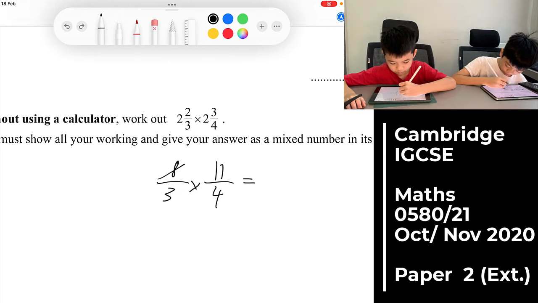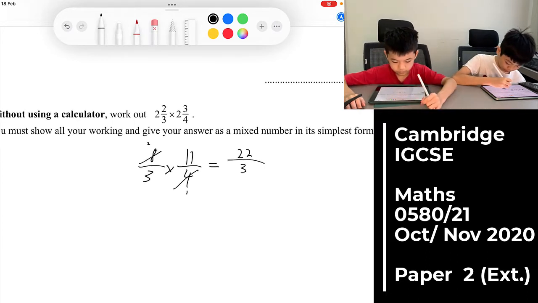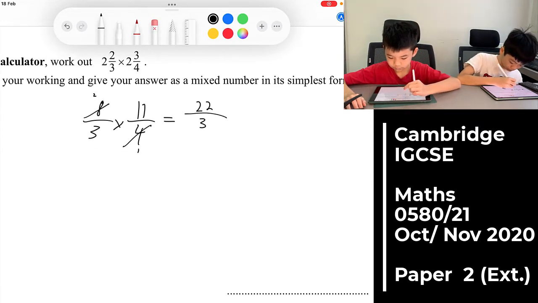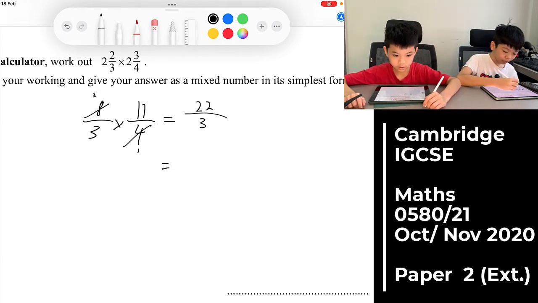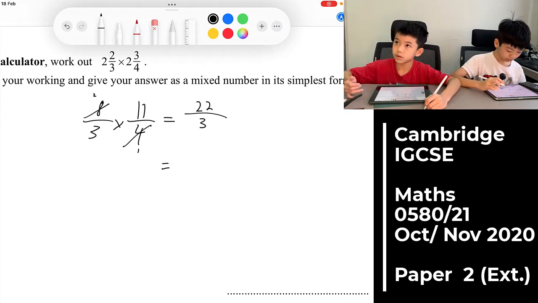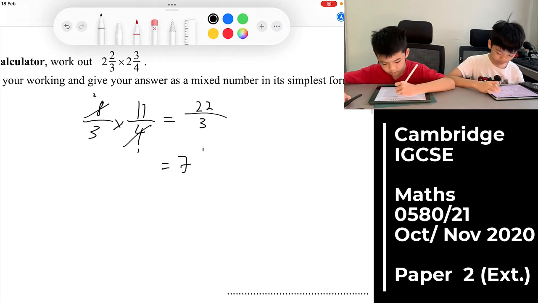Divide 4. 22 divided by 3, which is 21 divided by 3 is 7, so it's 7 1/3.